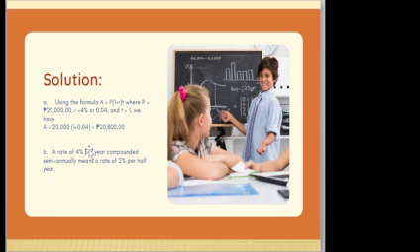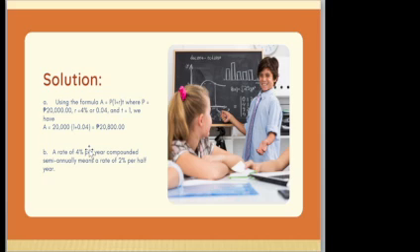Letter A, using the formula A is equal to P times 1 plus R to the power of T, where P is the principal, then that is 20,000, and the R, or the rate of interest, is 4% or 0.04, and T, which is the time, is equal to 1.